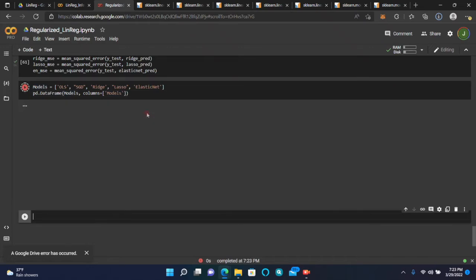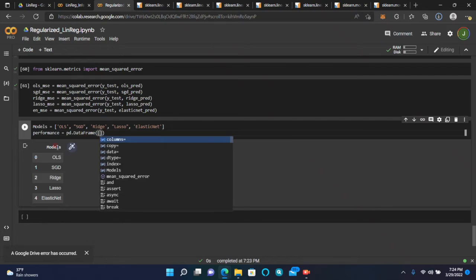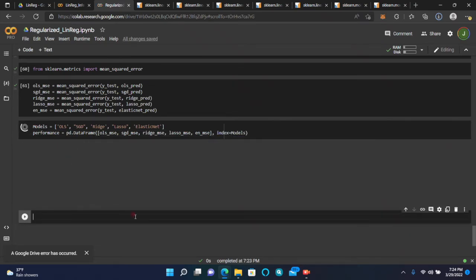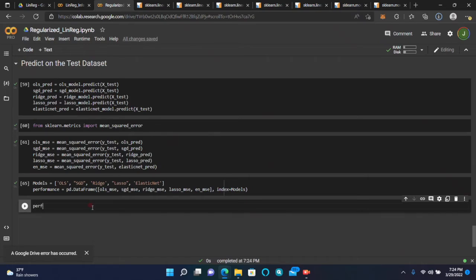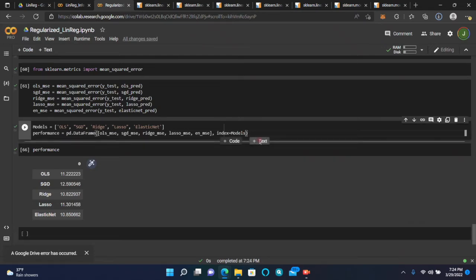It needs to be in a list here. Alright. Oh, I know what I want to do instead of this. Way better idea. Let's go with this list of OLS MSE, SGD MSE, Ridge MSE, Lasso, and Elastic Net. Let's have the index be models. How's that? Now let's have a look at that. I guess we should have columns now.